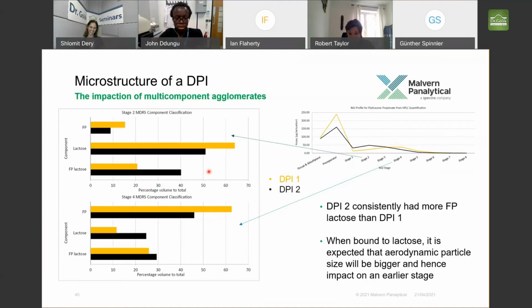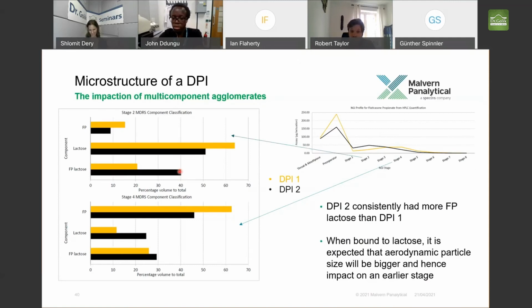But of course, what it's also showing us is that if you look at DPI 1, there's a lot more free FP, but there's also a lot less of this multi-component agglomerate, or rather there's a lot more in DPI 2. Now if you consider that multi-component agglomerates will intrinsically be bigger than their primary particle constituents, these are going to be rather large particles, with a large aerodynamic particle size, and these will impact higher up in the NGI.